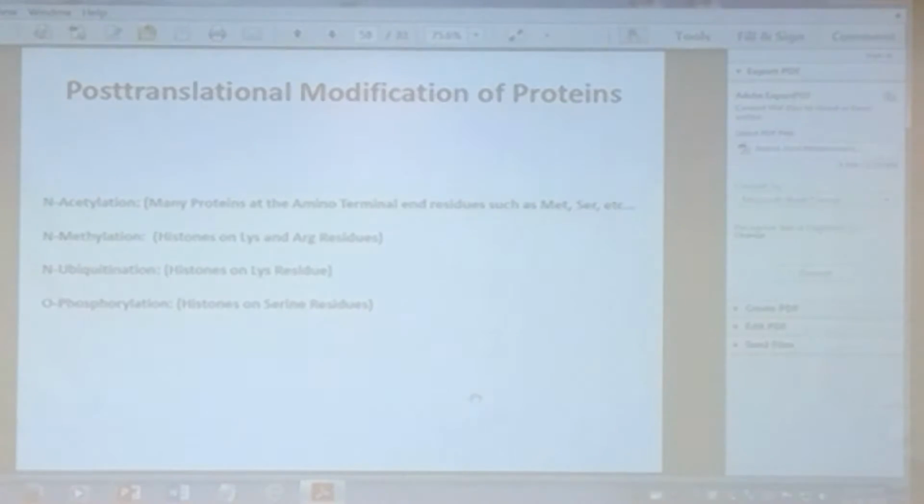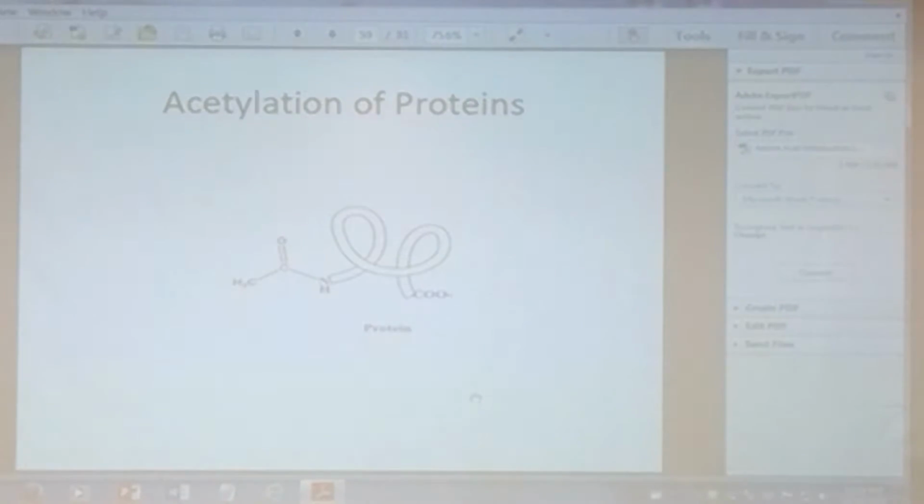Okay. And then the post-translational modifications: N-acetylation, N-methylation, ubiquitination, O-phosphorylation. And histone is a good example. Histone gets methylated, histone gets ubiquitinated. Histones can also be phosphorylated. And then for acetylation, methionine and serine get acetylated.